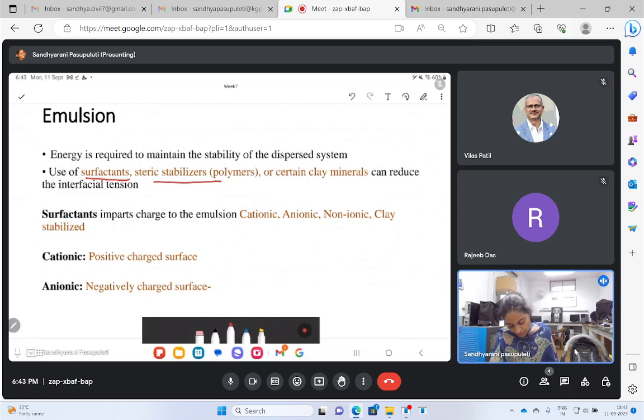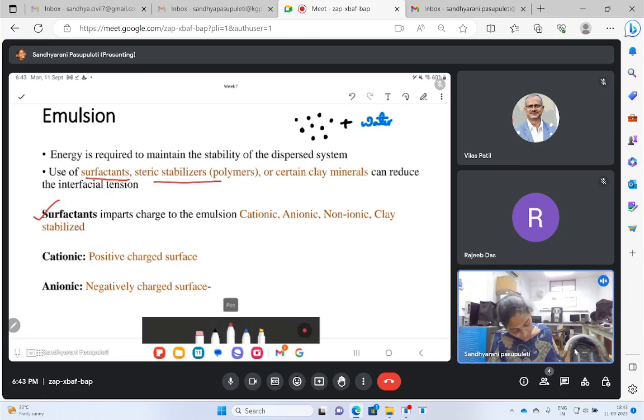Okay. So what do these surfactants actually do? Let us say now I have the small bitumen particles, removed from the colloidal mill, with water. I do not want them to be close. So what can we do?